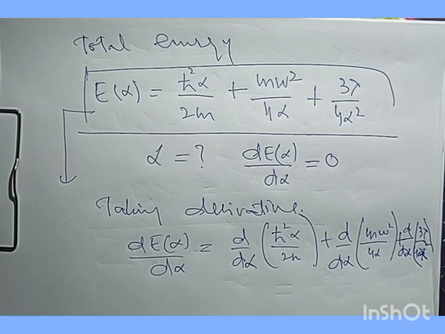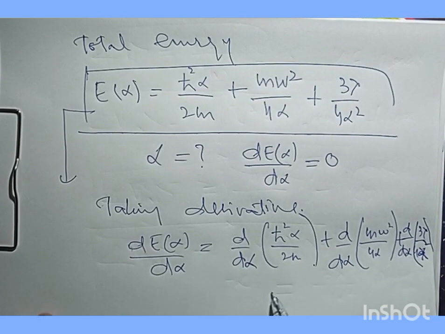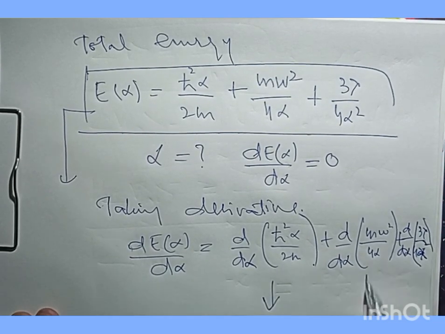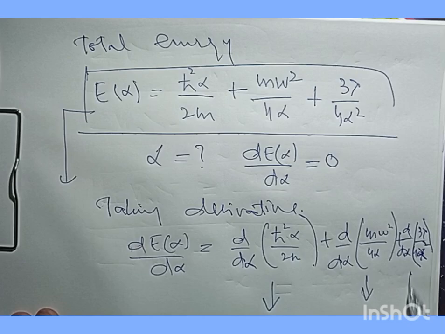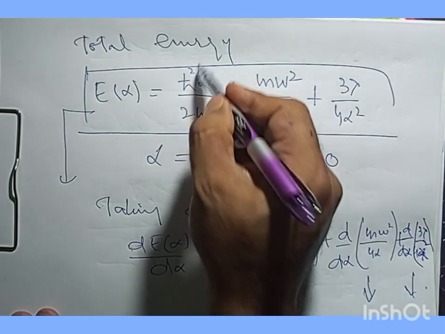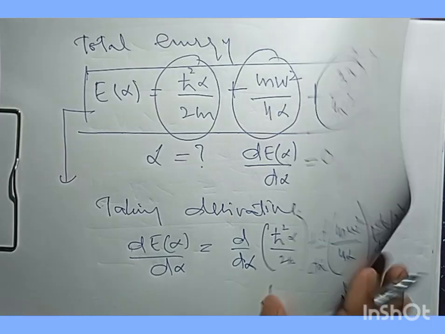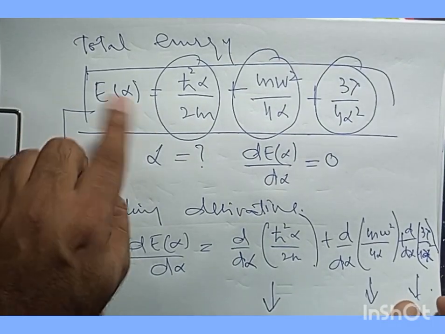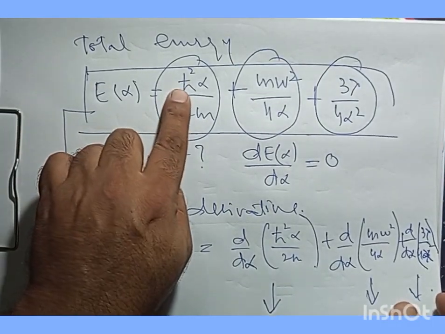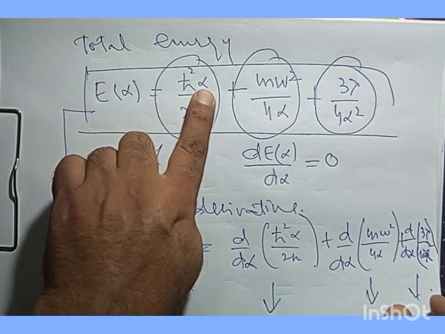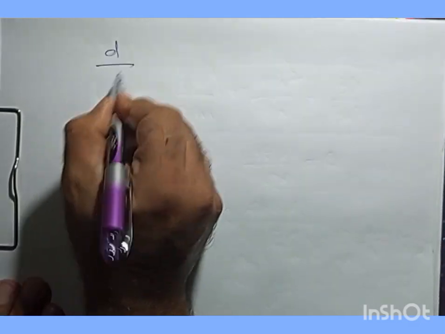So we individually calculate the derivative of each term with respect to alpha. We can easily see here the derivative of the first will be h cross square by 2m with respect to alpha. So I would like to write it independently.